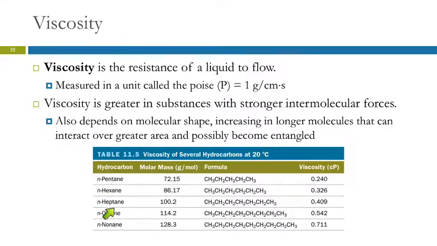So here, if we look at that series of normal alkanes, pentane through nonane, here we have their formulas, and we see that nonane is longer, right? And there's rotation around the single bonds, and so these can interact over a greater area and become sort of tangled up inside of each other. And so the viscosity of nonane is higher, it's 0.77 versus pentane, which is 0.24.